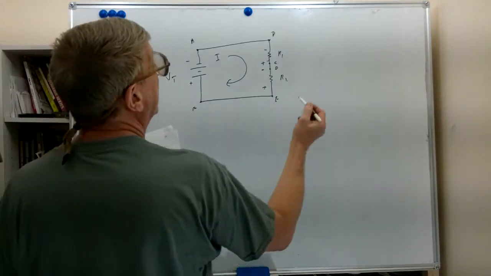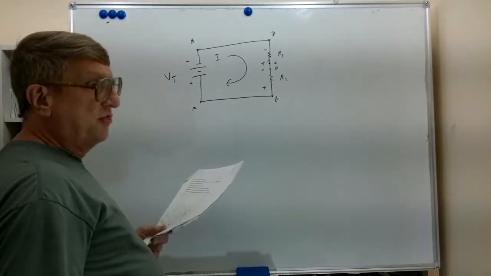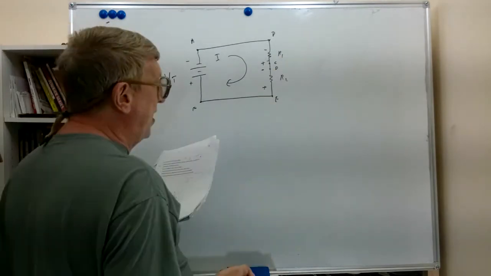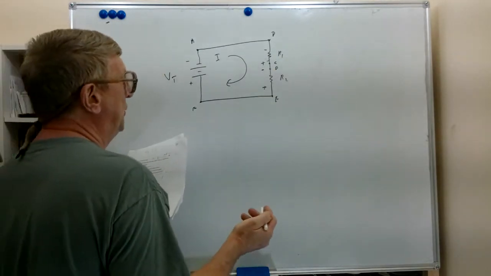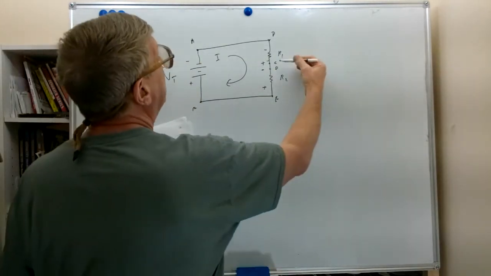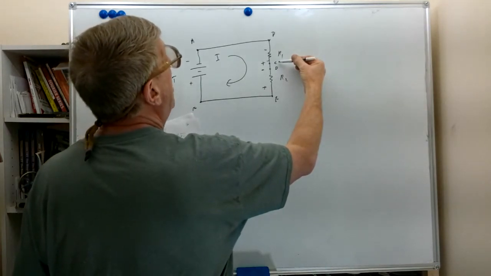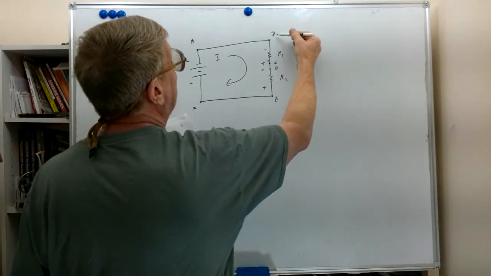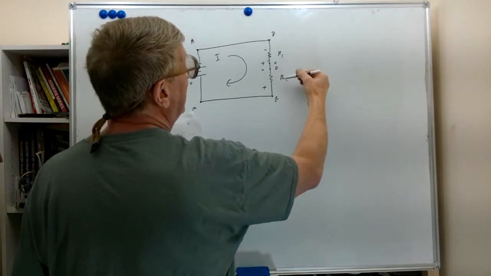Kind of the most interesting thing here is C and D are both the same point, yet we have C labeled positive and D labeled negative.